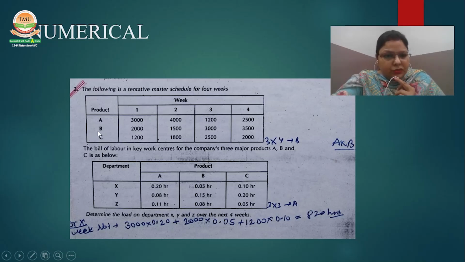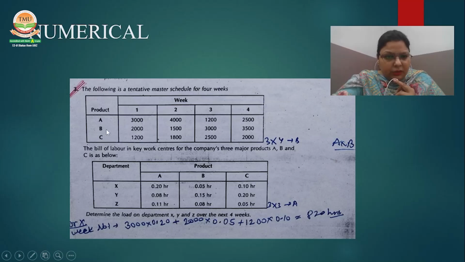Now product B, in the first week 2000 units they are going to produce, in the second week 1500 units, in the third week 3000 units, and in the fourth week 3500 units.